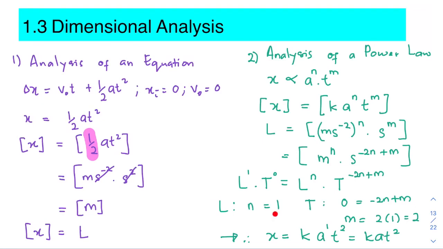So from here, substituting n equivalent to 1, you have m equivalent to 2. Put this value back into this equation. So you have x equivalent to k a power 1 t power 2, or equivalently k a t squared.